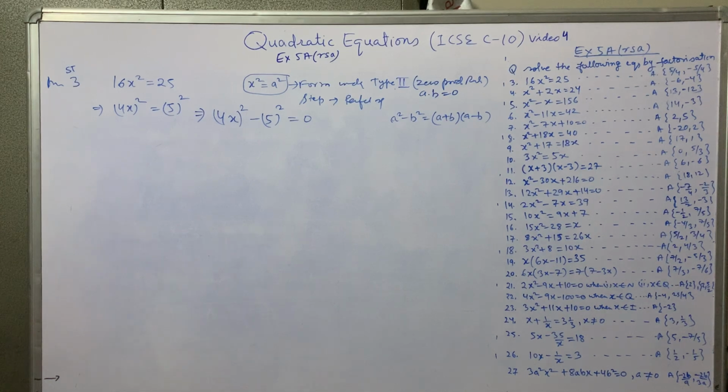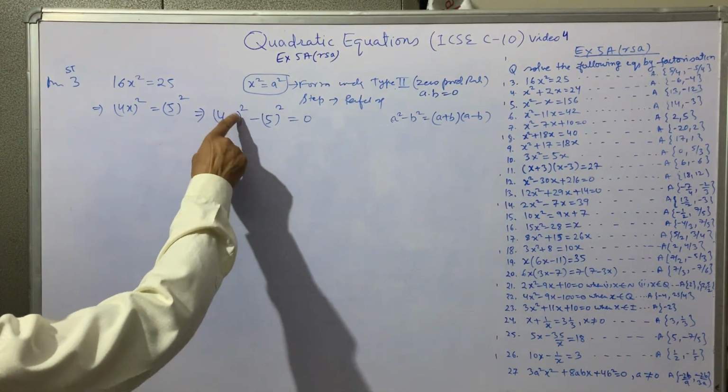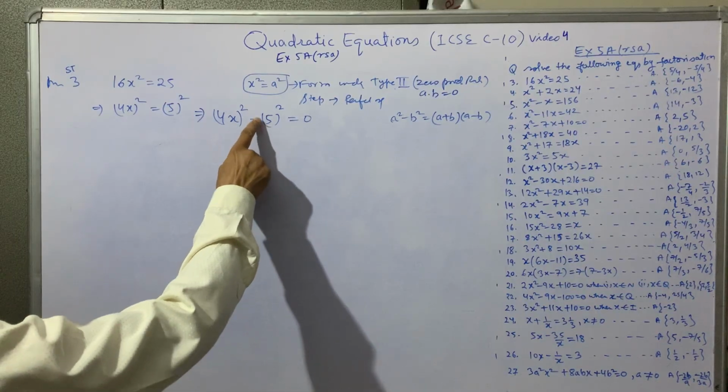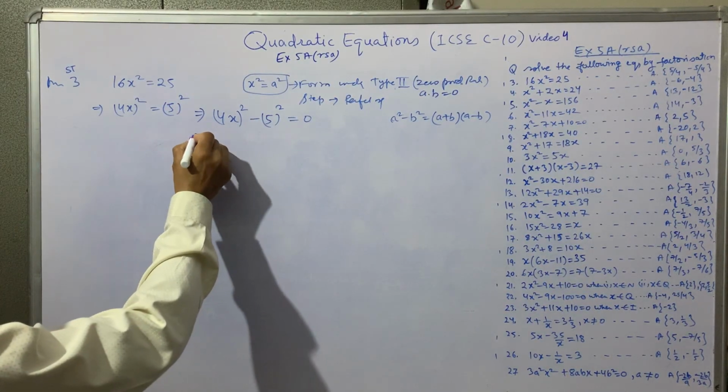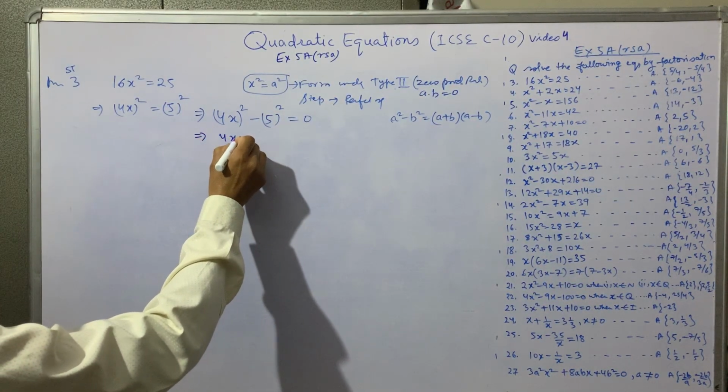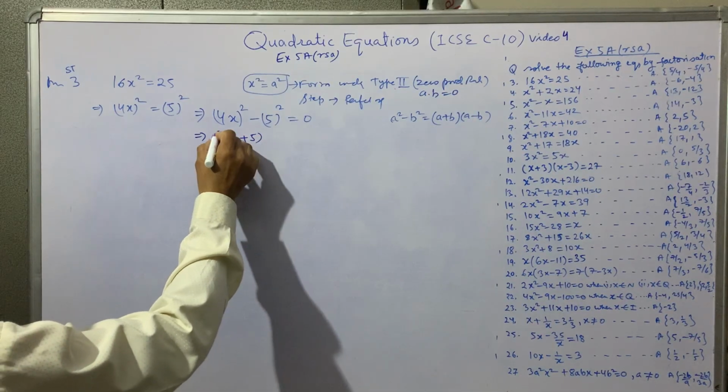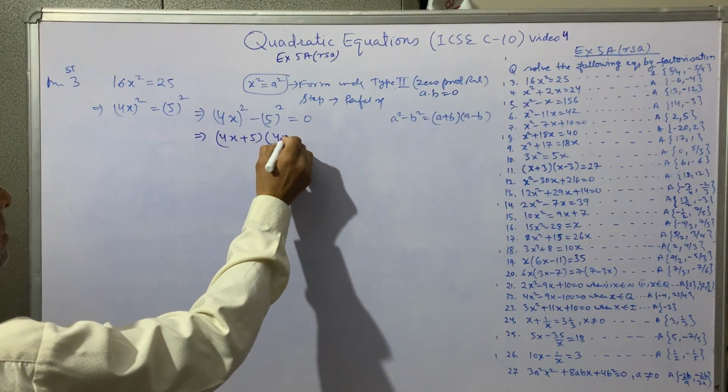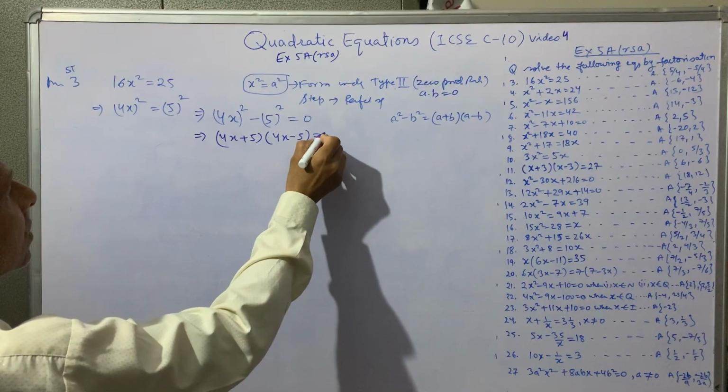Now we apply this: the complete 4x is a and the complete 5 is b. So the solution would be 4x plus 5 and 4x minus 5 is equal to 0.